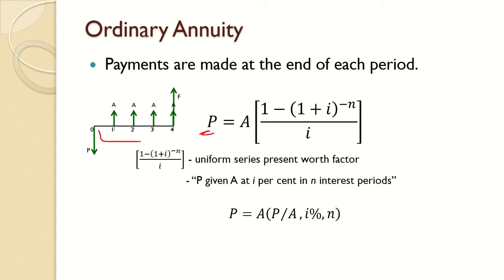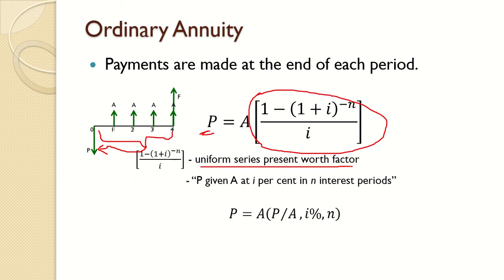If you want to convert this equal payment into a present value, the formula to use is the annuity times the quantity of 1 minus the quantity of 1 plus I raised to negative n, all over I. This portion is called the uniform series present worth factor, and most books use this notation.